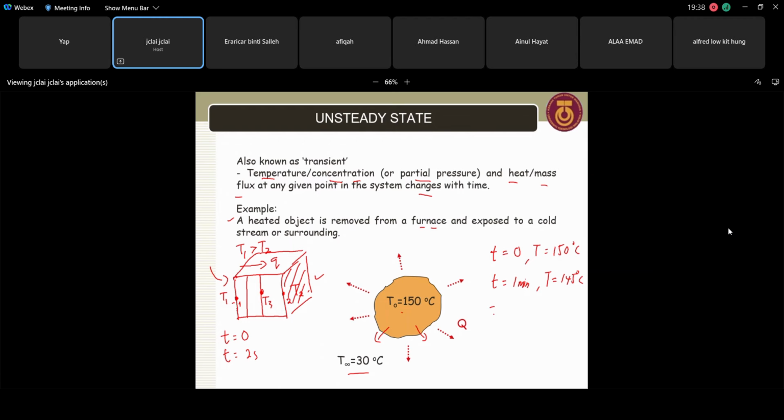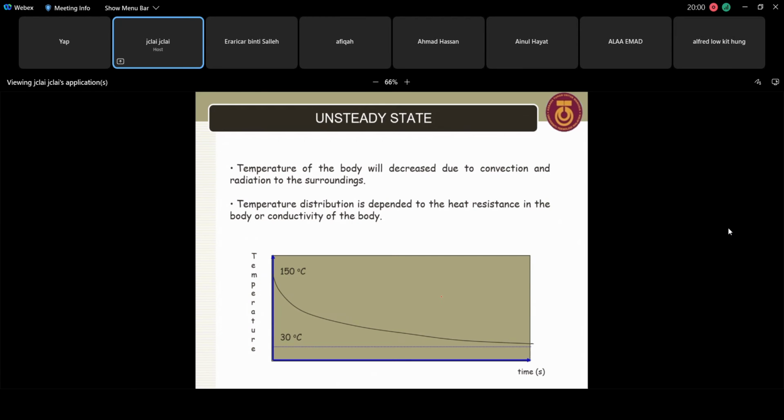When t equals 30 minutes, the temperature is maybe 100 degrees Celsius. So the temperature of the body changes over time. This is what we mean by unsteady state or transient.